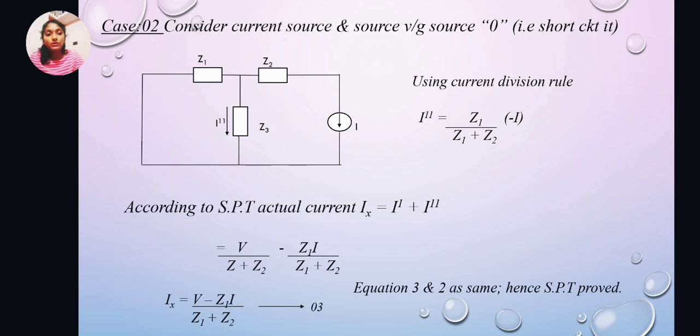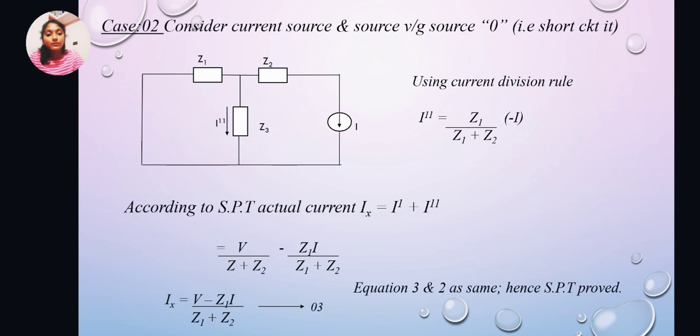By using the current division rule, we'll get I double dash equals Z1 divided by (Z1 plus Z2) into minus I. So according to the superposition theorem, the actual current, that is Ix, is equal to I dash plus I double dash. That is because the total current is equal to the sum of the currents due to the sources acting separately.